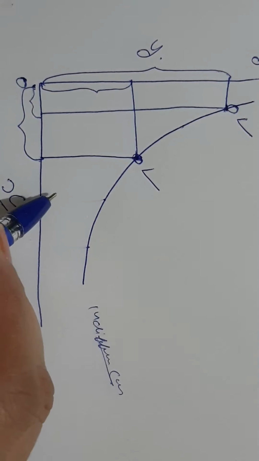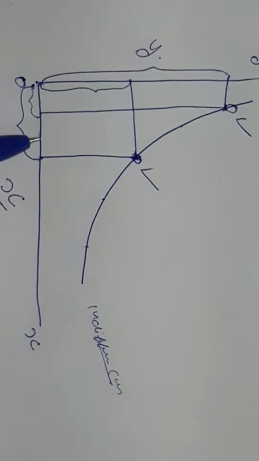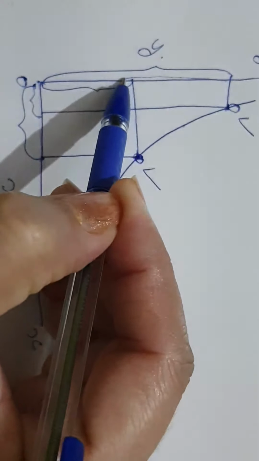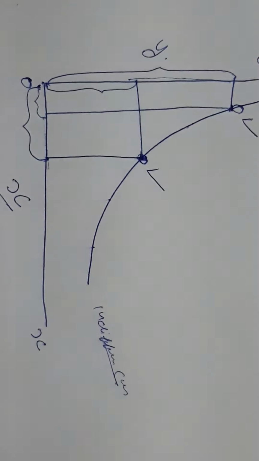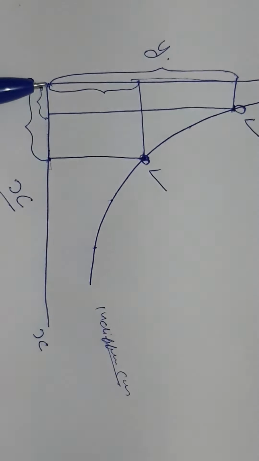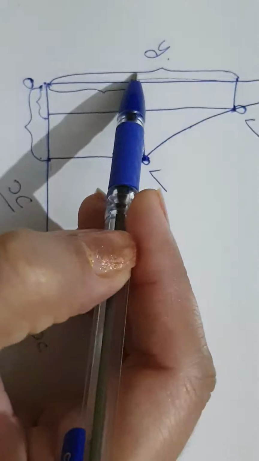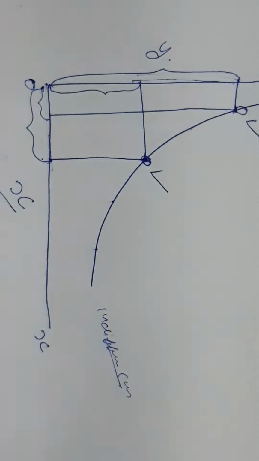How is it possible? If we are increasing consumption of X, we are decreasing consumption of Y. There will be some addition in our utility because of more consumption of X. So we reduce consumption of Y to decrease our utility so that we can reach the same level of utility or satisfaction.